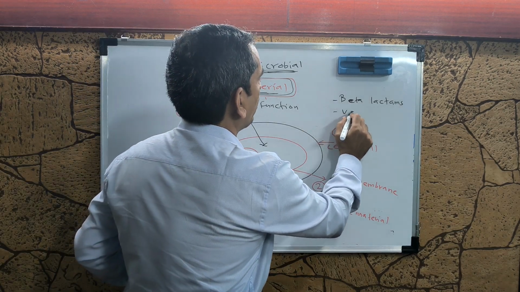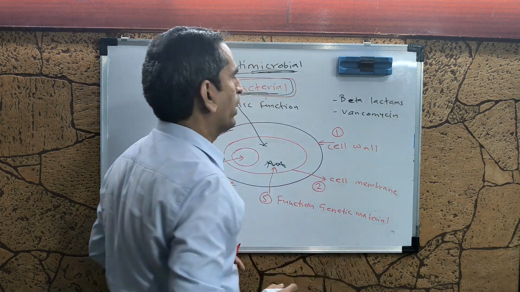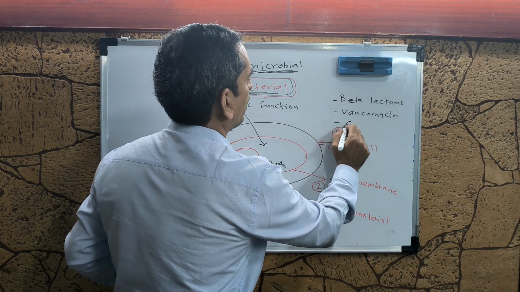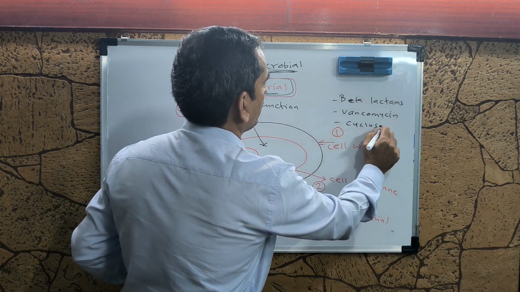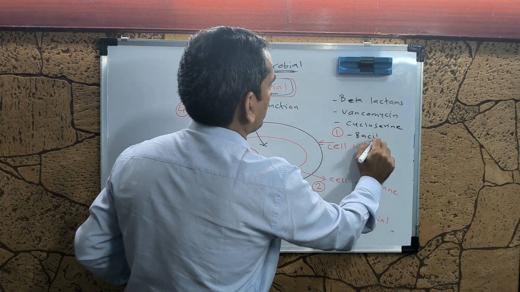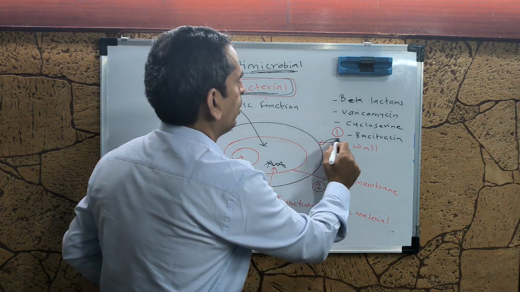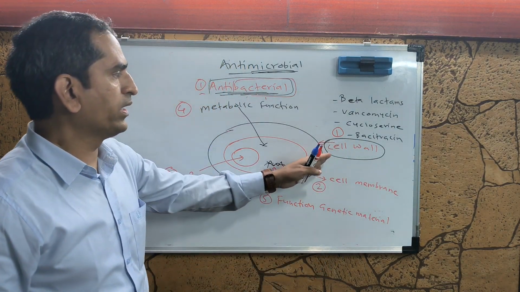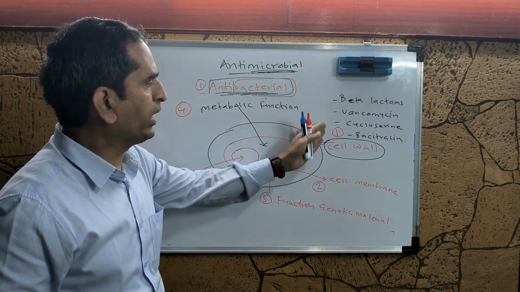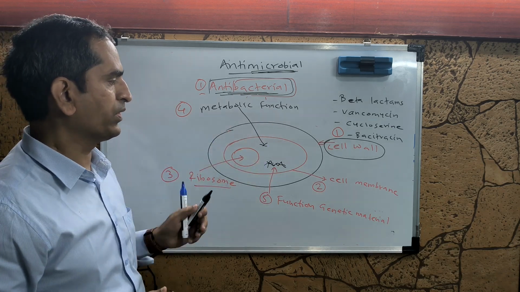Then there is a drug called vancomycin, which also inhibits the cell wall. There are drugs called cycloserine and bacitracin. These drugs inhibit the cell wall or make the cell wall weaker. So this is one target of the drugs used for the treatment of bacterial infections.